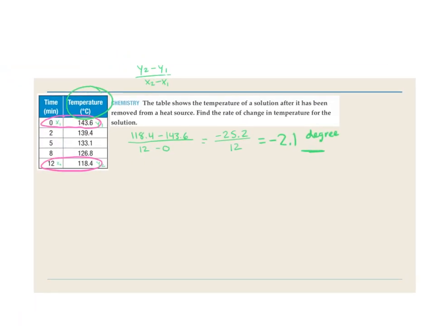So we would say our degrees would be Celsius. So to be more specific, we could say degrees Celsius per minute. So we are decreasing, because it's negative, 2.1 degrees Celsius per minute.